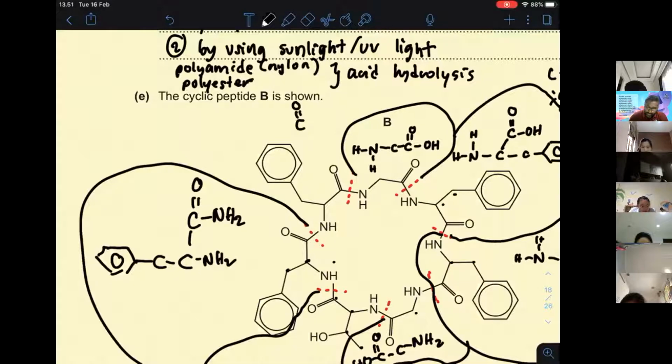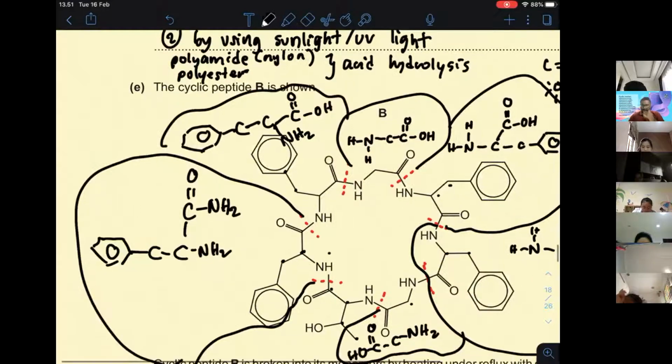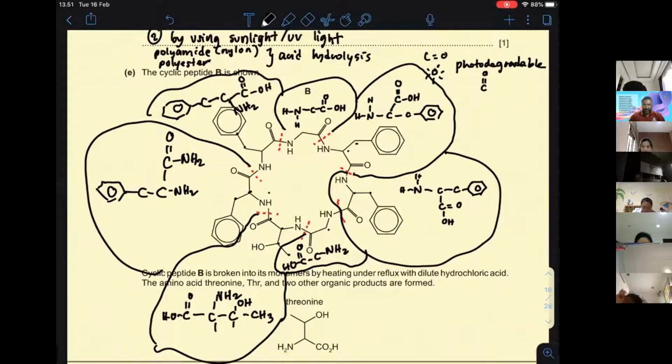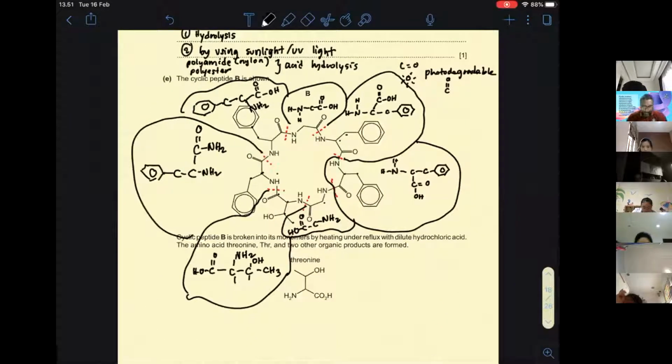Carbon, double bond O, OH, then another carbon, NH2, then one carbon, another. Okay, done. Now, they say that there is going to be threonine.